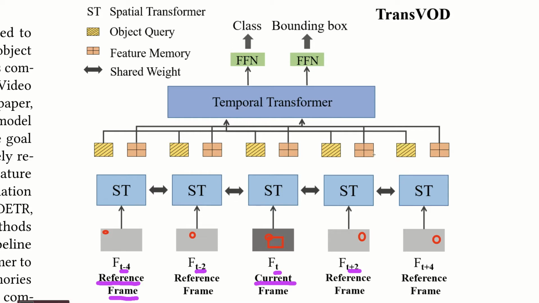Okay, so what will be done with these frames. They all get consumed by this spatial transformer. So they all share weights. That means we have trained this one for all these different time steps.